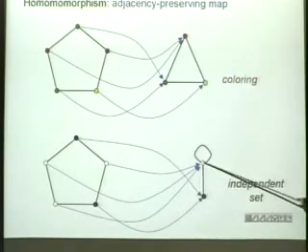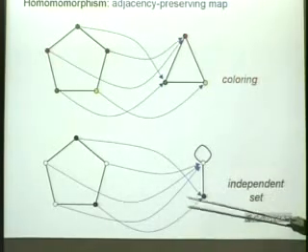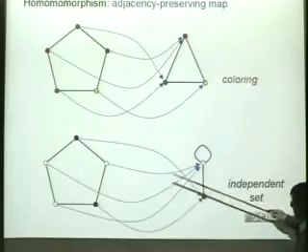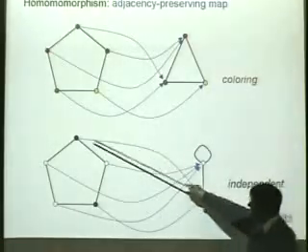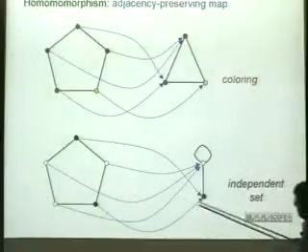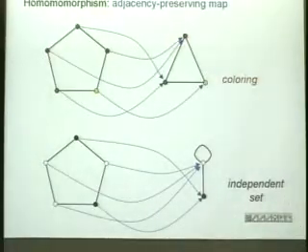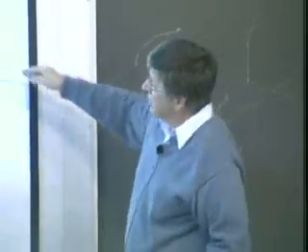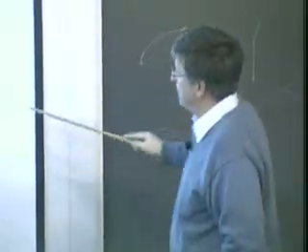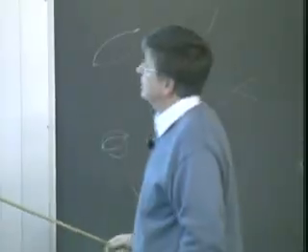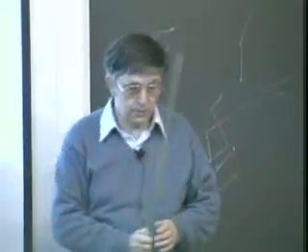I can map anything onto the white node. So in other words, such a map will be determined by the set of those nodes which are mapped onto the black node, and they must form an independent set. So maps into this graph naturally correspond to independent sets in the graph, and those correspond to colorings.